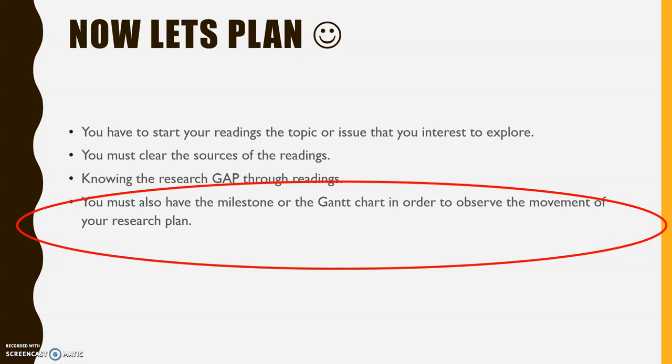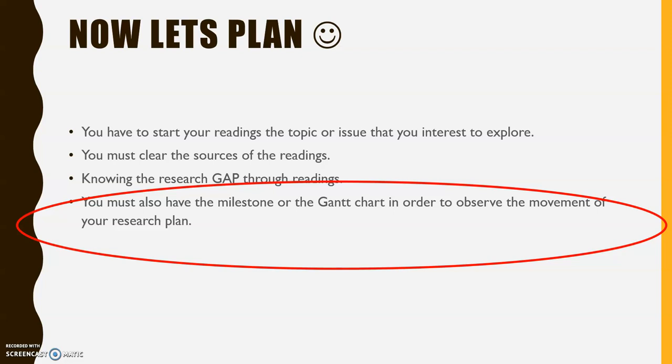In order to do your research, at the first stages, you have to have a plan. What sort of plan do you have to have in starting your research?